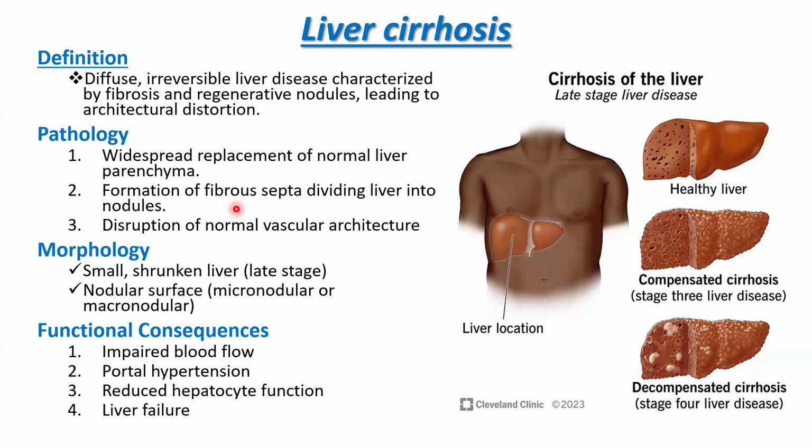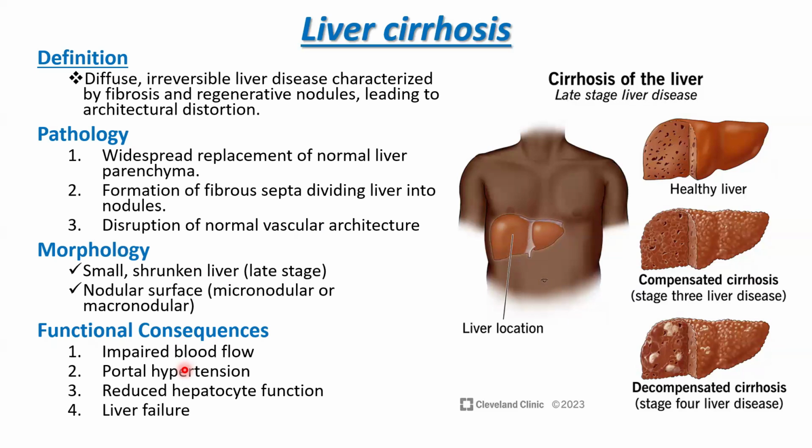And what are now the consequences of this liver cirrhosis? One, we saw there is disruption of normal vascular architecture. So that means there is impaired blood flow to the liver. If there is impaired blood flow to the liver, it will present with portal hypertension. Hypertension, as you know, is increased blood pressure. As you saw, there was a vein that was taking blood into the liver, called the portal vein.